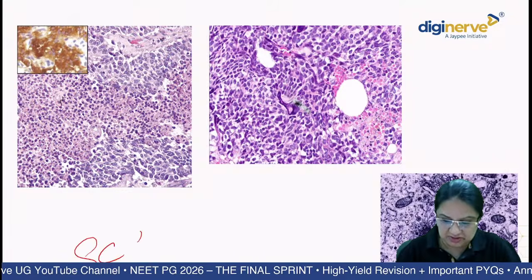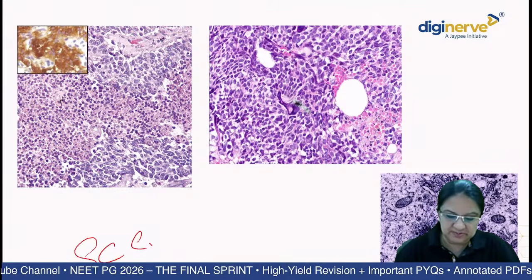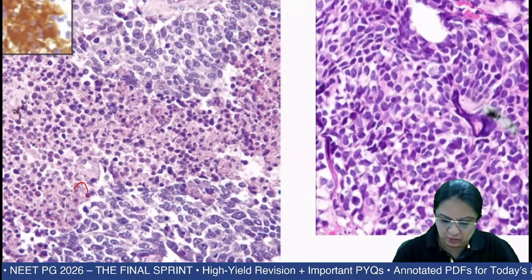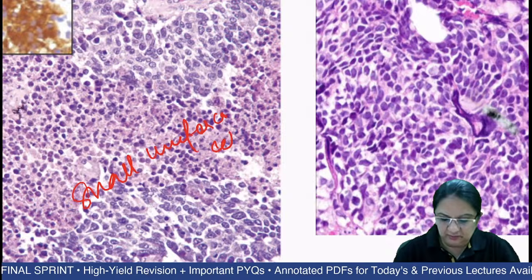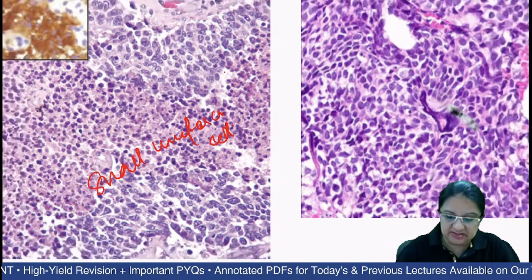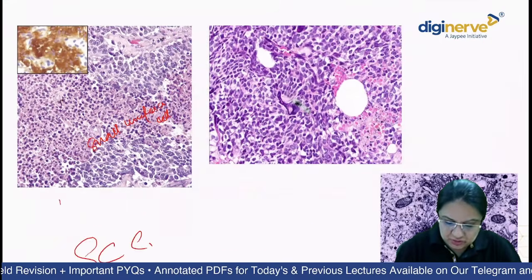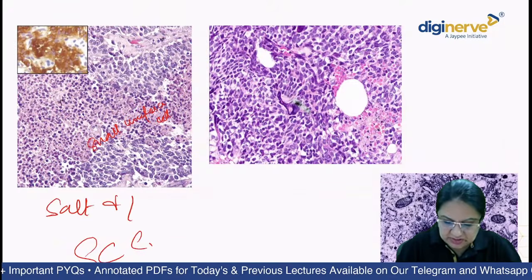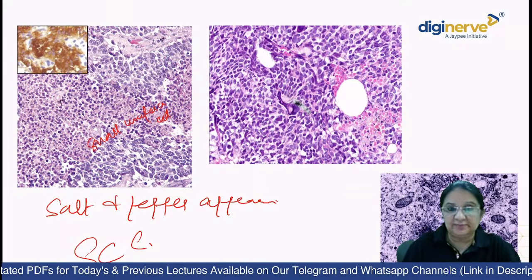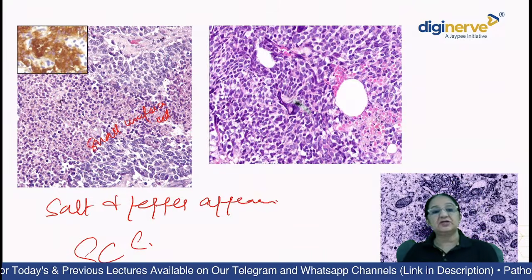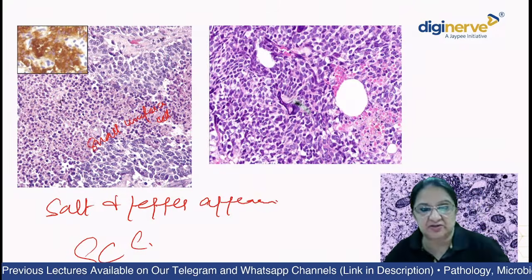Now, this is small cell carcinoma. What will you see? Basically, you will see small uniform cells. And what is the characteristic feature that we describe for the nuclei? Salt and pepper appearance, not for the nuclei, but for the cytoplasmic granules, right?